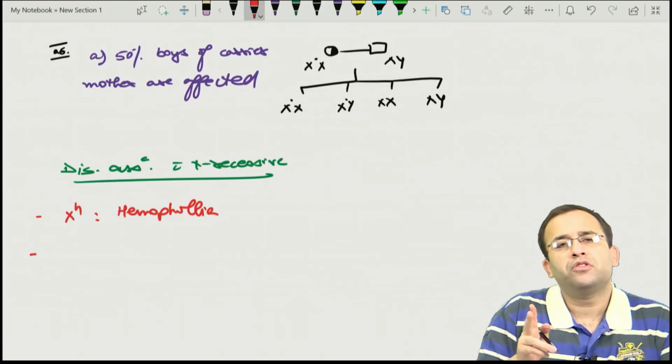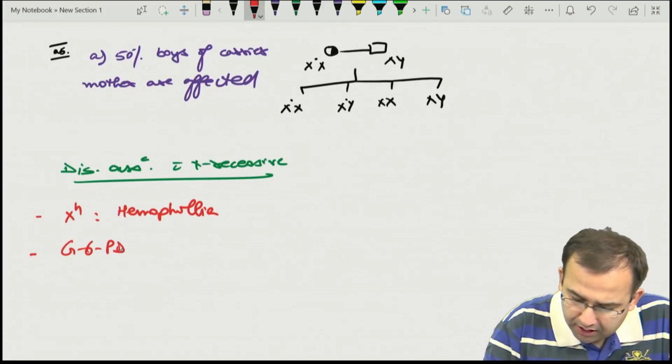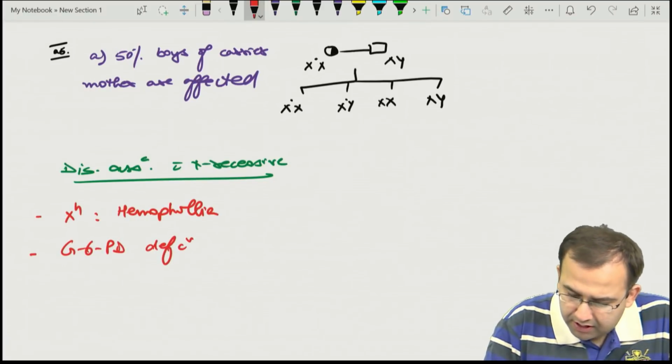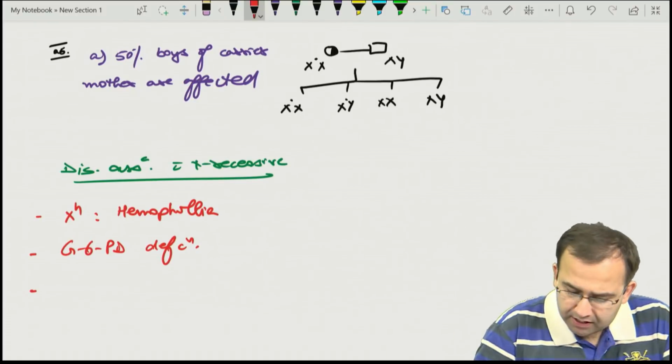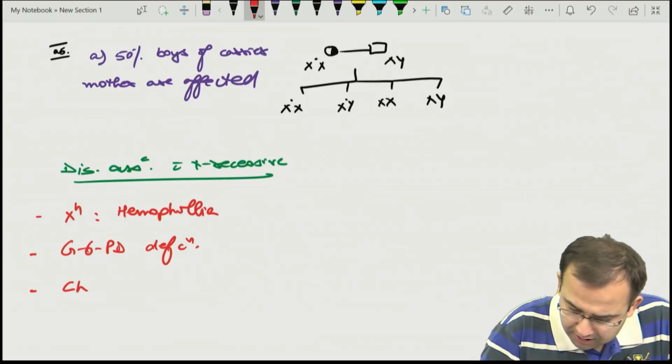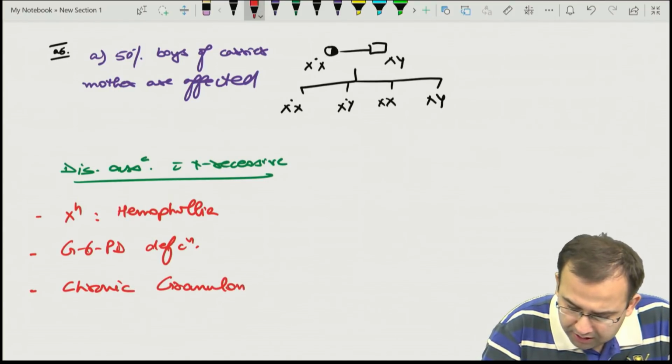Next, the most common RBC enzyme deficiency, G6PD deficiency. Next, which disease of innate immunity has an X-linked recessive inheritance? CGD, chronic granulomatous disease.